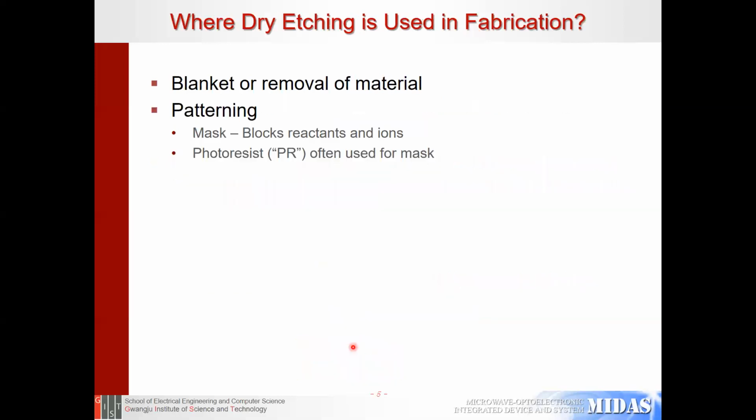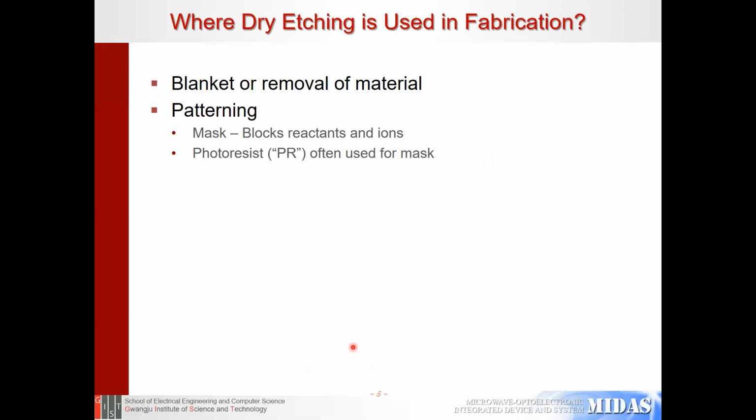So where is dry etching used in fabrication? First, it is used for the removal of blanket layers, such as removing resist after an etch process or other things. Secondly, and most importantly, for patterning.